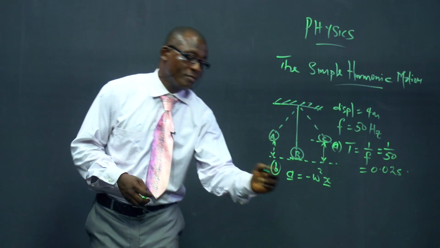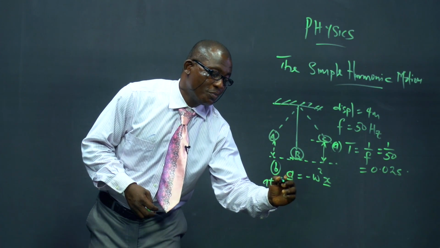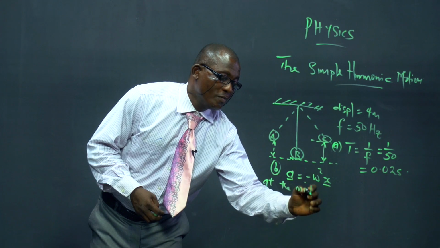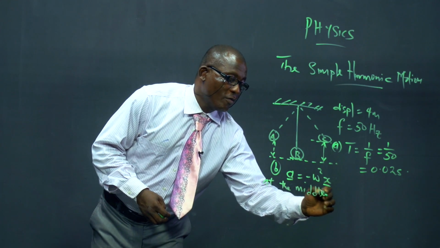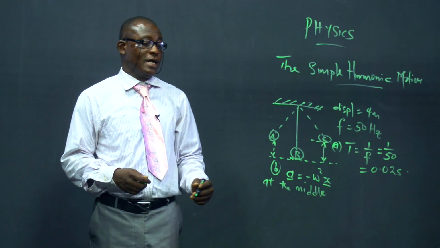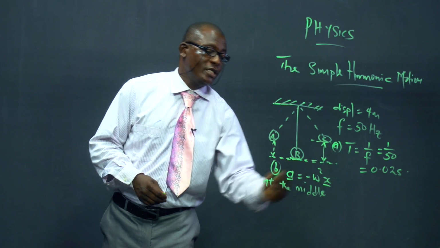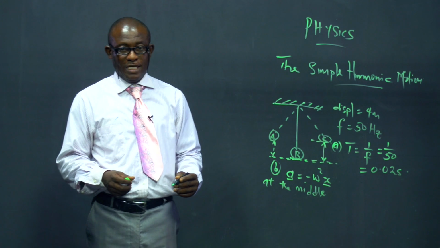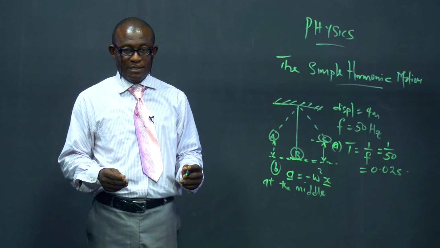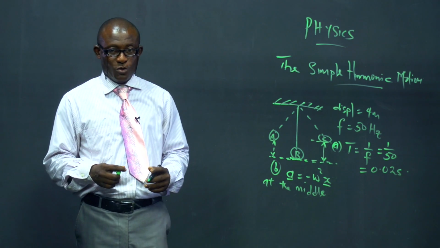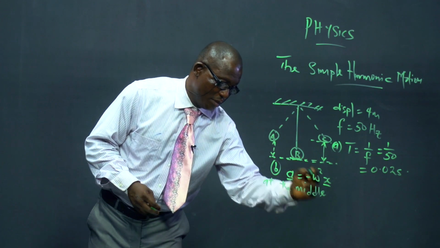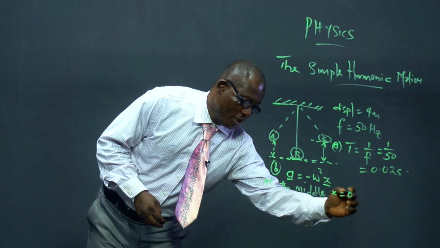At point B, at the middle, if you look at the diagram very well, there is no displacement. Point B is the lowest point. There is no displacement, meaning x is 0.